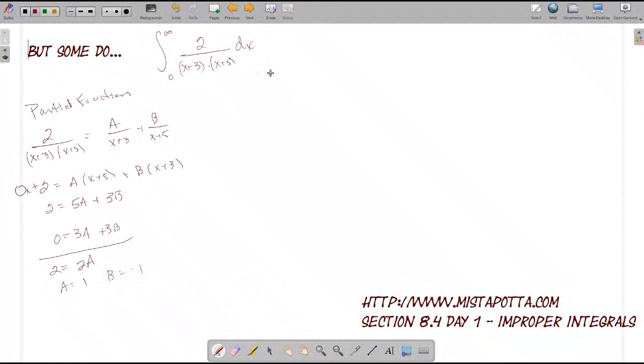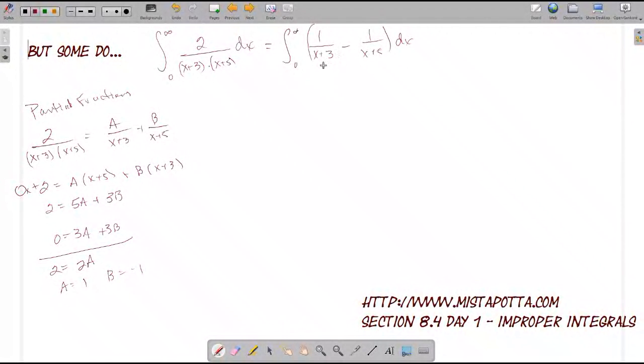So the problem that we're actually trying to evaluate is the improper integral from 0 to infinity of 1 over x plus 3 minus 1 over x plus 5 dx.